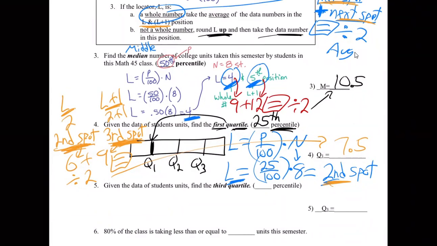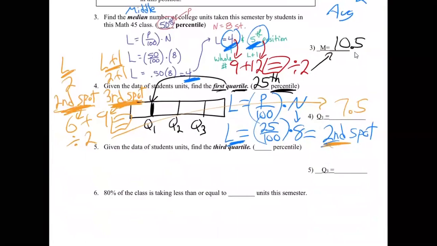All good? Shall we try number 5? It's going to be very similar. This time, they're asking us for the third quartile. What do you think? If you're watching a football game or basketball game, and you're right here at the end of the third quarter, what percentage of the game is over? 75.